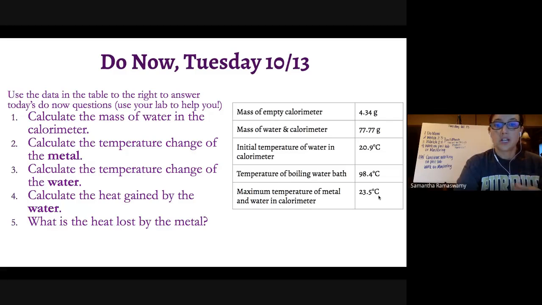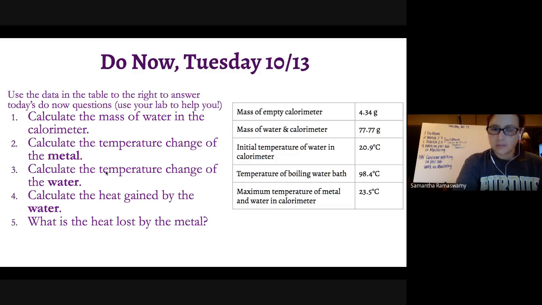So the temperature change of the water, delta T of the water, is final temperature of the water in the calorimeter minus initial temperature of water in the calorimeter. So 23.5 minus 20.9 gives us a delta T of water of 2.6 degrees Celsius.